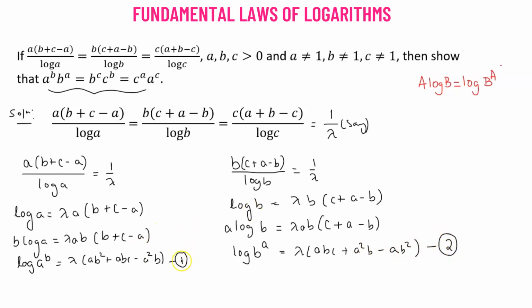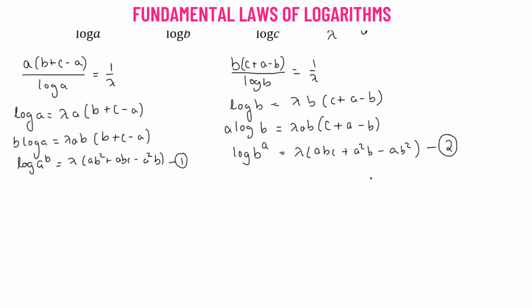Now we will add 1 and 2 together. This gives us log of a raised to the power of b plus log of b raised to the power of a. And we'll add the terms on the right hand side. Lambda is common to both the terms on the right hand side, so we'll take it as a common factor.